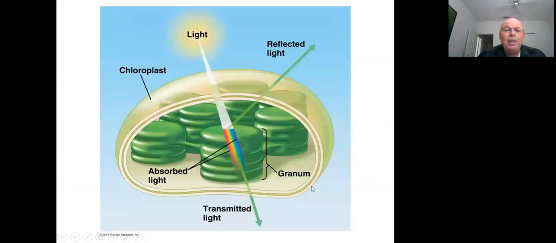The reason you see leaves as green is that all the other colors of the spectrum are being absorbed in some fashion. Green is the one that's being rejected, either reflected or it just passes all the way through. The others are being absorbed in the chloroplasts inside the leaves.